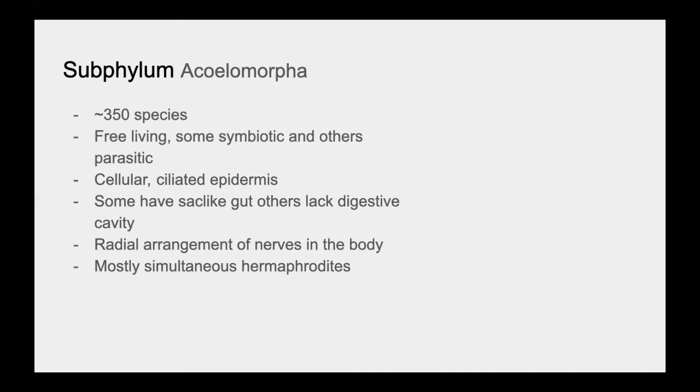So when they have food particles, it enters through the mouth and it moves all the way down into a tissue mass derived from endoderm. They also have a radial arrangement of nerves in their body instead of a ladder-like pattern that you see in flatworms. At last, they are mostly simultaneous hermaphrodites. For this one, I also didn't include a picture because it was hard to find, but the slide before gave you a general idea of what all the phylums or subphylums look like.